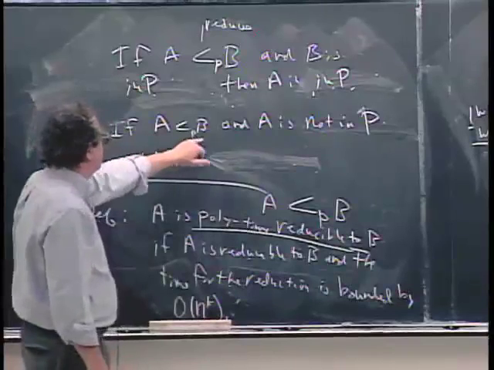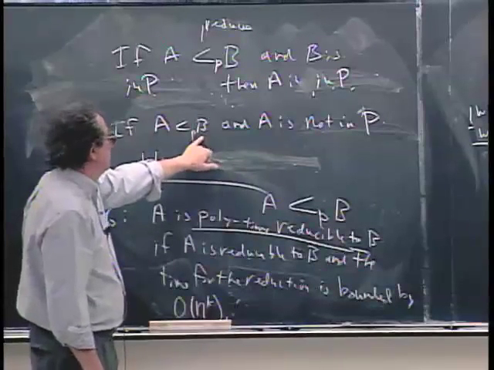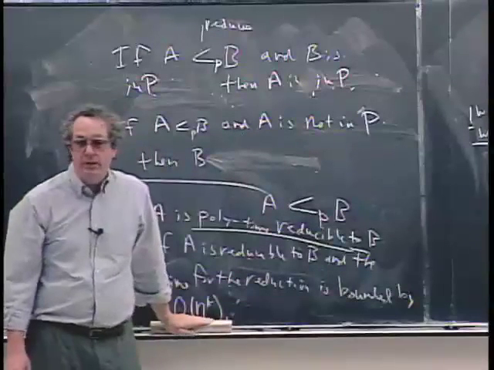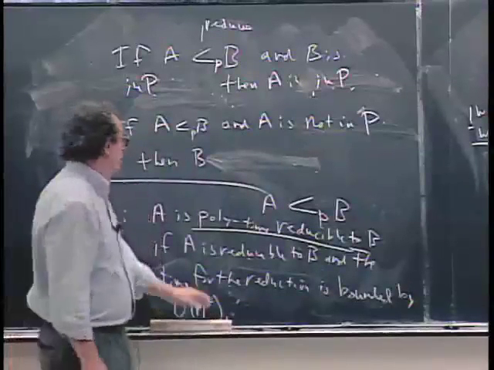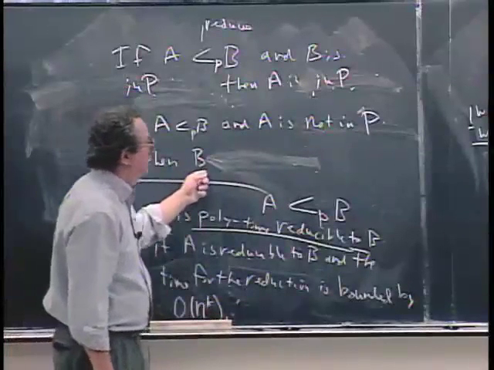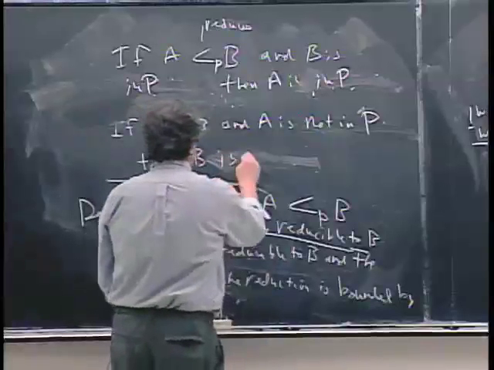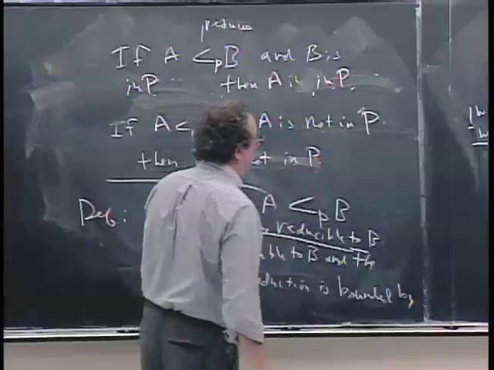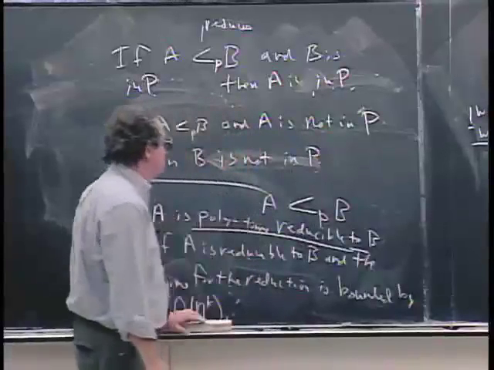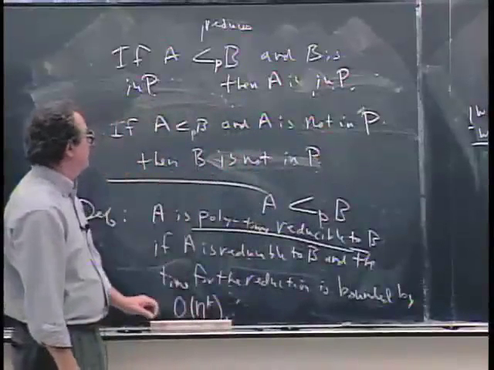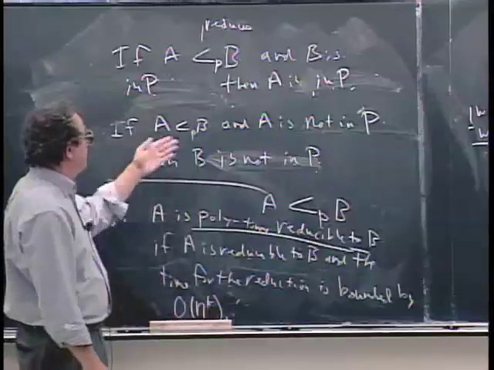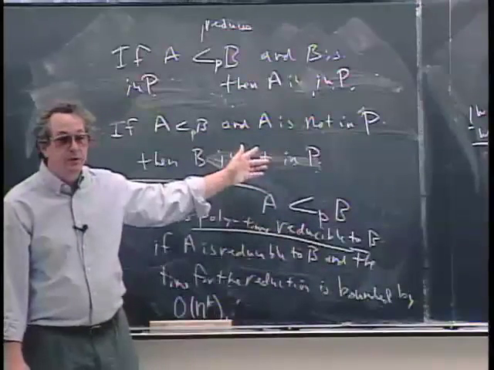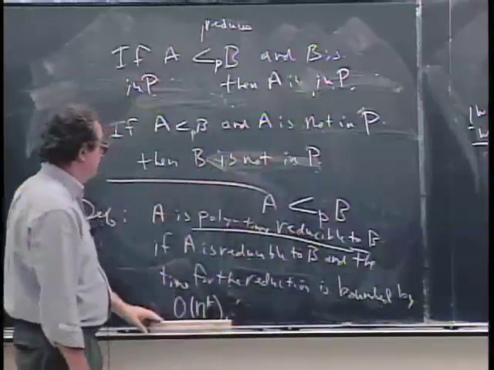Well, A reduces in polynomial time to B, but A is not polynomial time decidable. So B can't be polynomial time decidable, or otherwise you would have a way to polynomial time decide A. So this is the same logic as we had before, but now we've put in time.